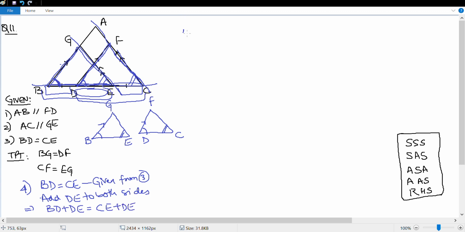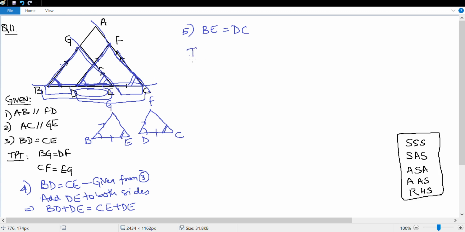What does this give me? Let's give it number 5. BD plus DE is BE, and CE plus DE gives me DC. Perfect. So now I've got BE and DC also equal. So angle, side, angle, and I've been able to prove these two triangles congruent.